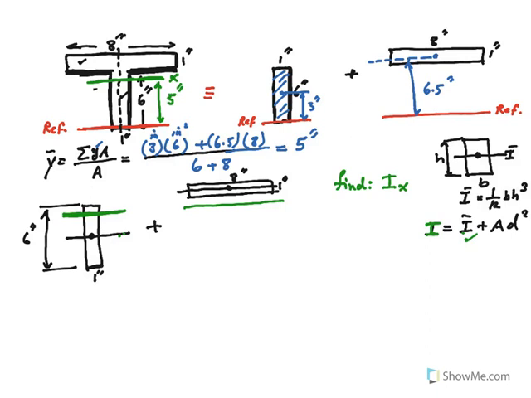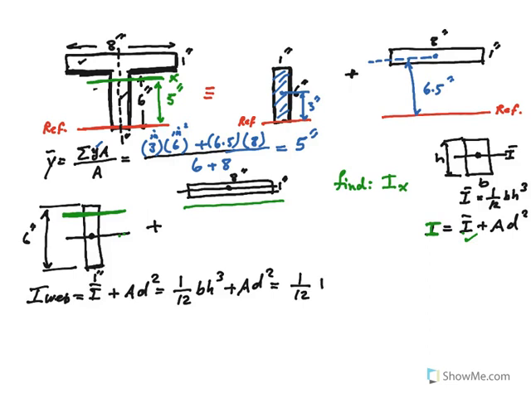So let's do it for the web first. I for the web would be I bar plus A d squared. What is I bar? 1/12 b h cubed plus A d squared. So let me go ahead and plug in. 1/12, b is 1 right here, h is 6, plus the area of the web, which is 6 inches squared.